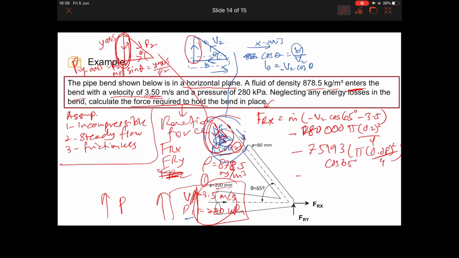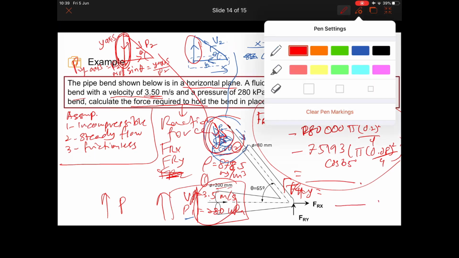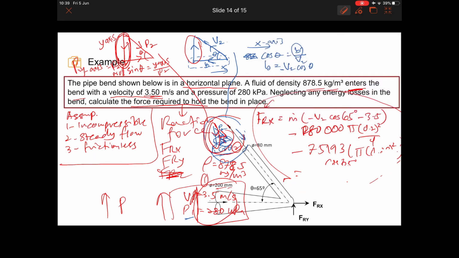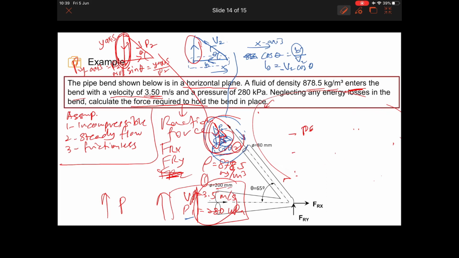Then you get the value for Frx, and then you get the value for Fry. Do the same for Fry exactly like this. You get the result for Fry.